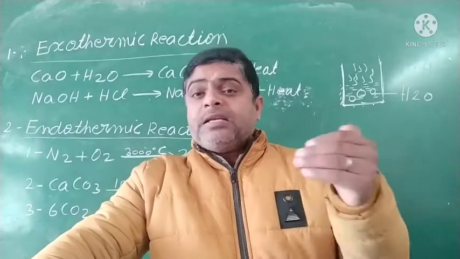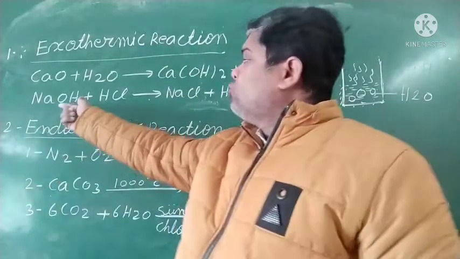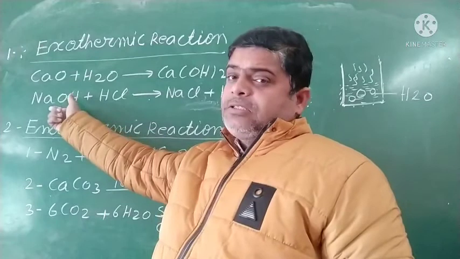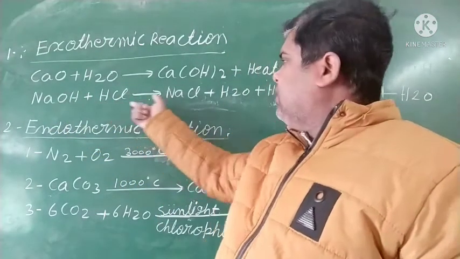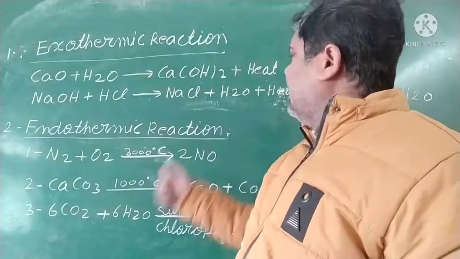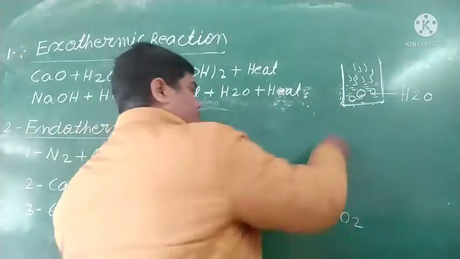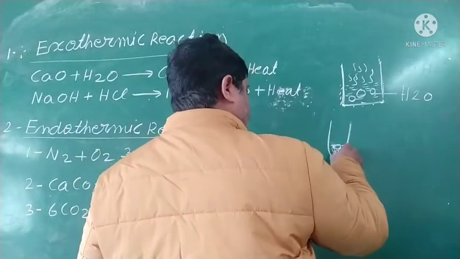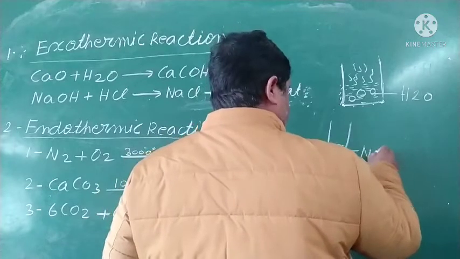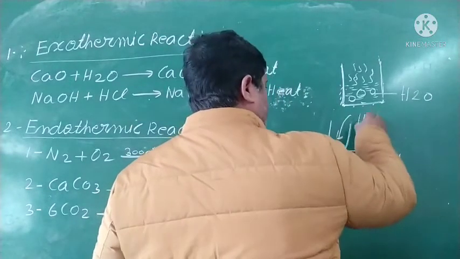So remember student, if the question asks to define or differentiate between exothermic and endothermic reaction, in the exothermic reaction, energy is released. Another example, student: sodium hydroxide is a base. When sodium hydroxide reacts with the acid, it forms salt and water and releases heat. How? In one test tube, you take some sodium hydroxide and after that you add hydrochloric acid.